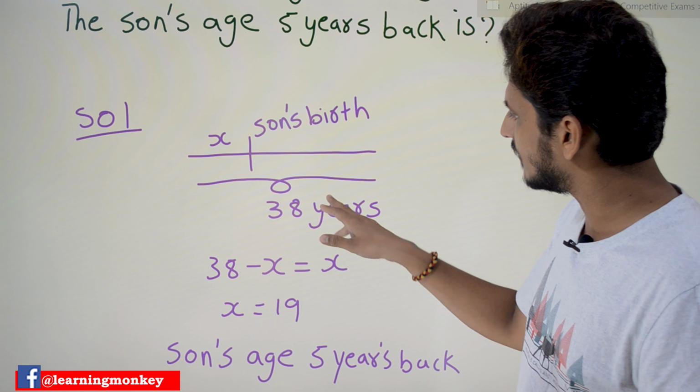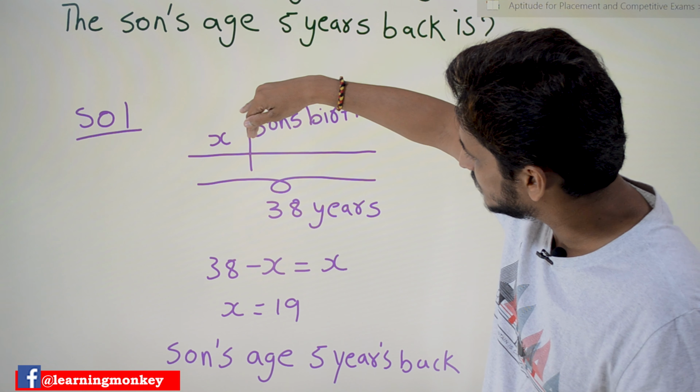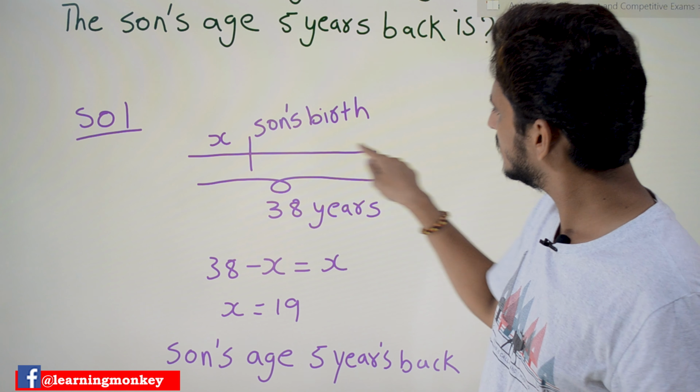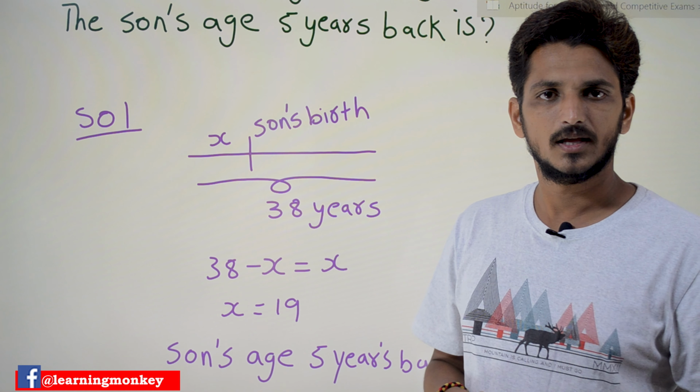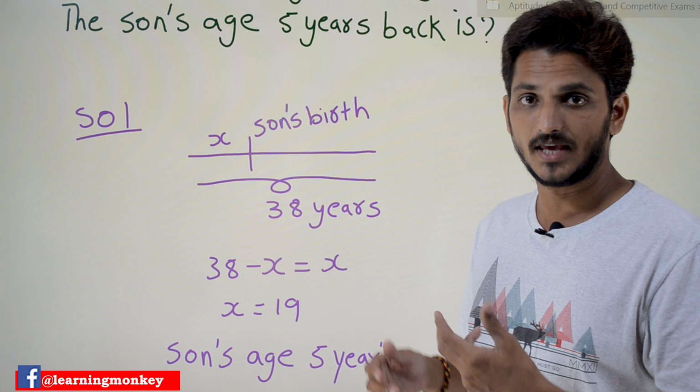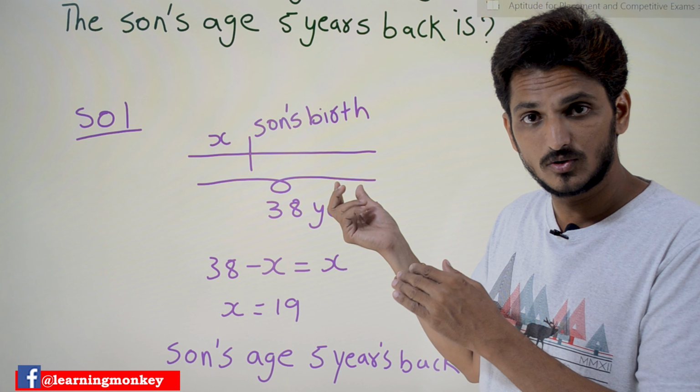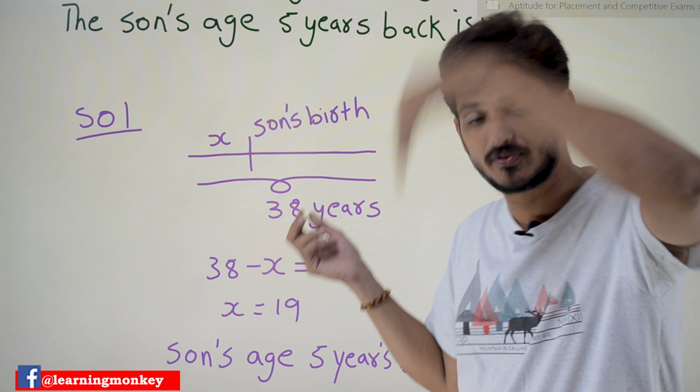From this graph, the son has been born here, and the age of the son is exactly equal to the age of the father at the time of his birth.